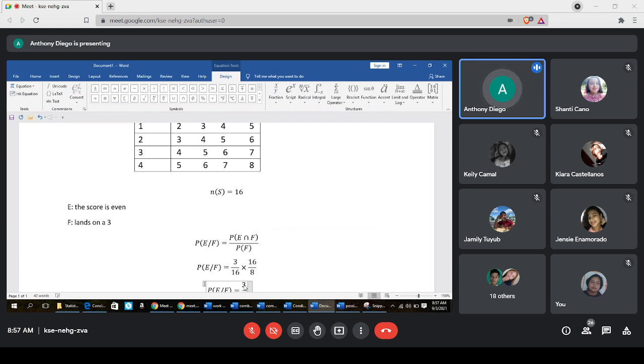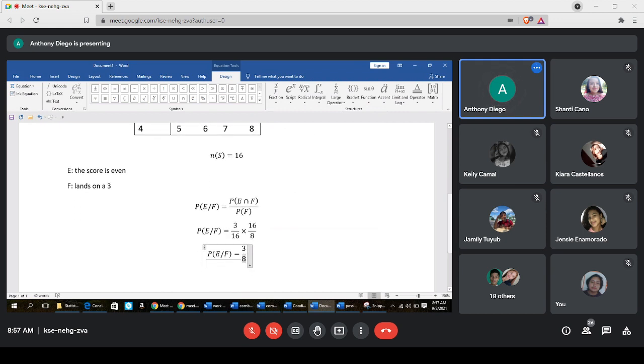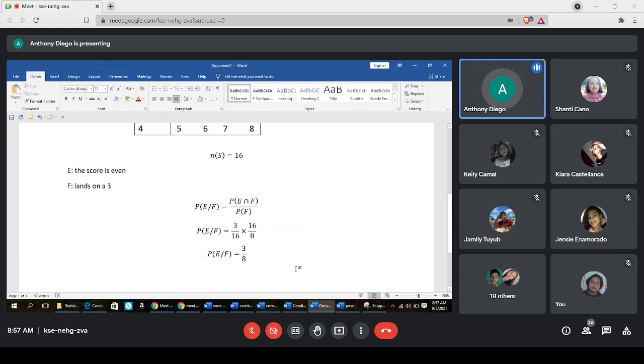That is a probability. Remember, probability has to be between 0 and 1 inclusive. So this is a function that falls between 0 and 1. So the probability of E given F has occurred is 3/8.